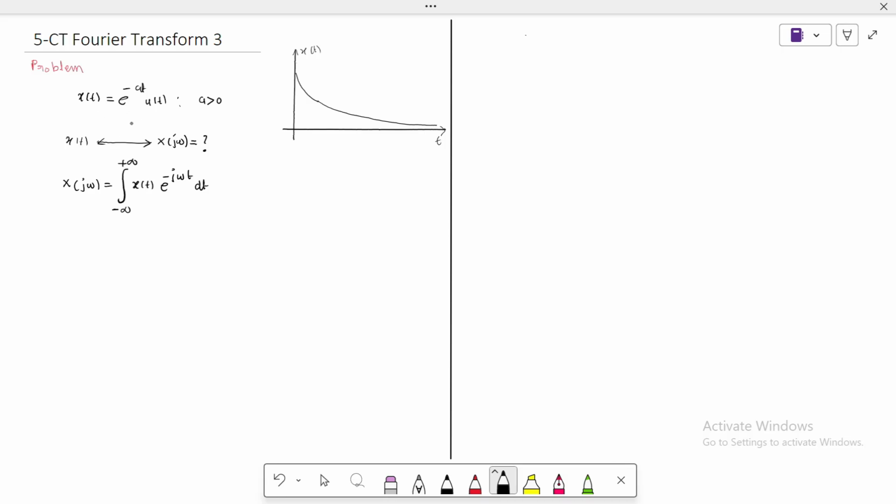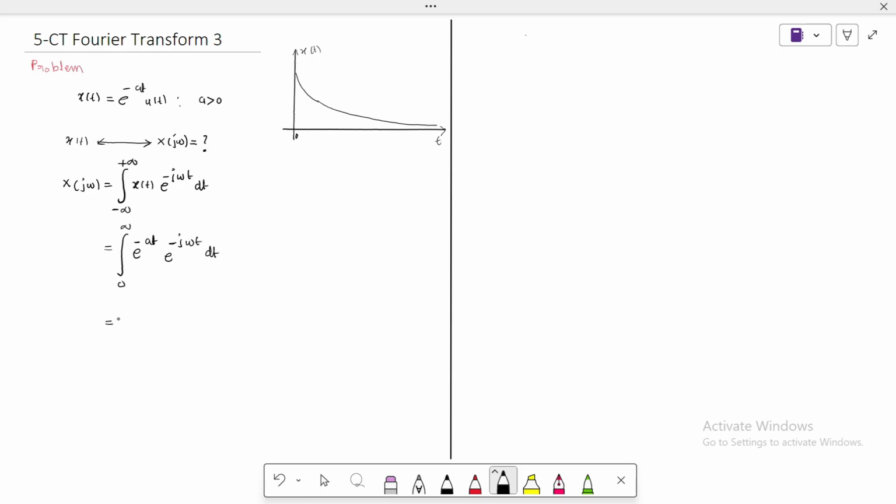The given signal x of t has magnitude only for positive values, since u of t is multiplied. So it will have magnitude from 0 to infinity. Then within 0 to infinity, x of t equals e power minus a t, with u of t equal to 1, into e power minus j omega t into dt.